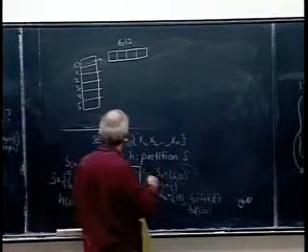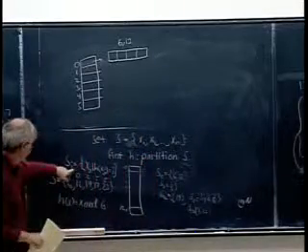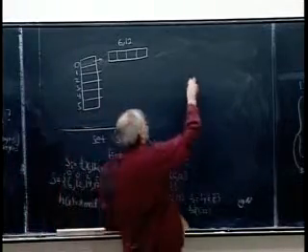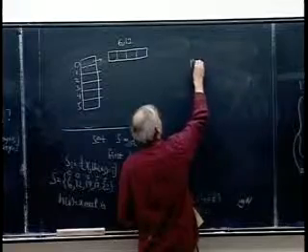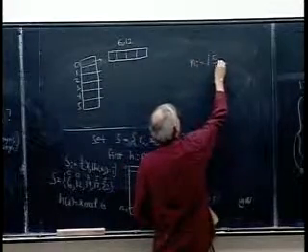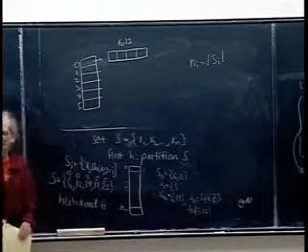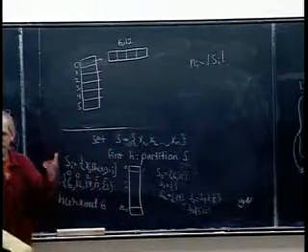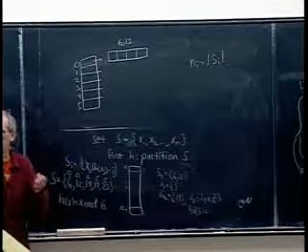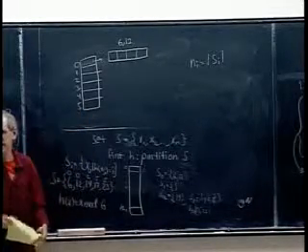To put this more precisely, I have this partitioning, and let n sub i be the size of my set S sub i. So the number of items that collide at location i is n sub i.